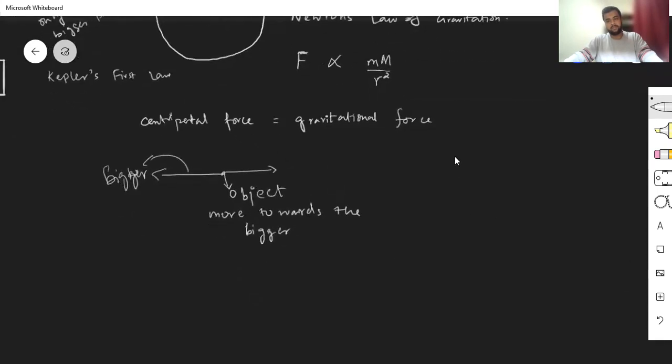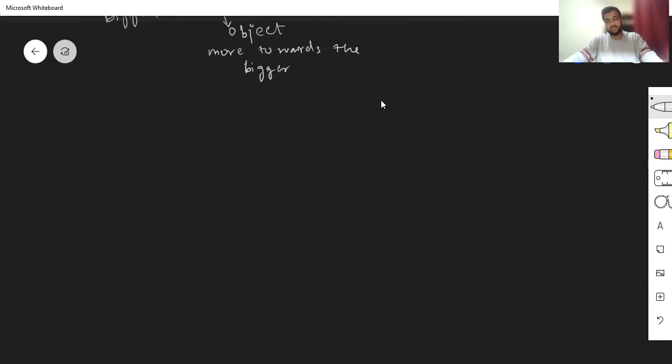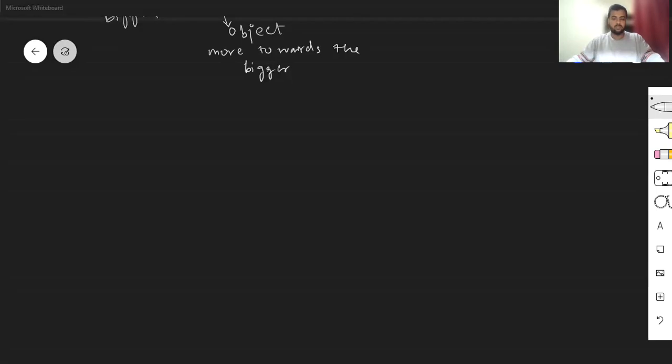Also, the moon orbits the Earth, and it's attracted to the Earth because the Earth has a greater mass, but why does it not keep going in? Why doesn't it just collide with it? Why does it go round? The reason is that the moon itself has its own motion.